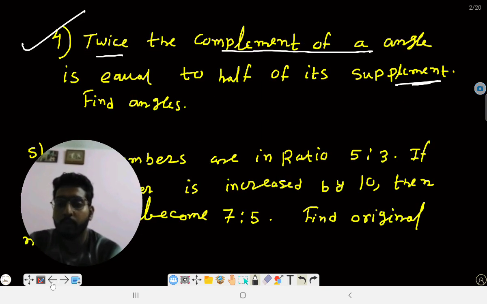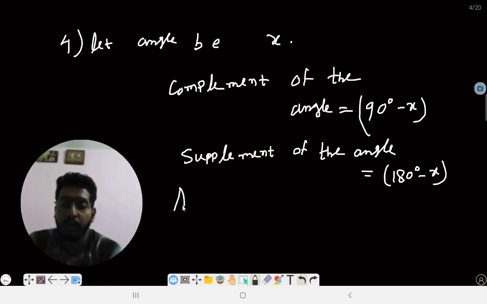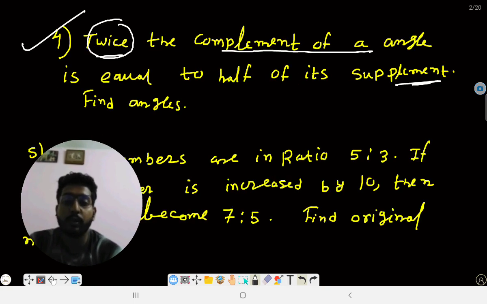Now move here. It is given twice the complement angle. So according to the problem, twice means 2 times the complement angle, that means 2 times (90 minus x) equals, it is given, half of the supplement.